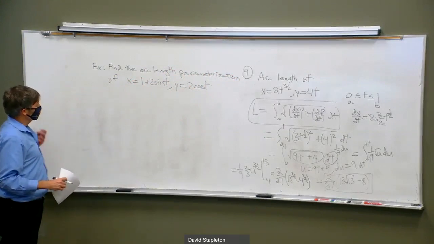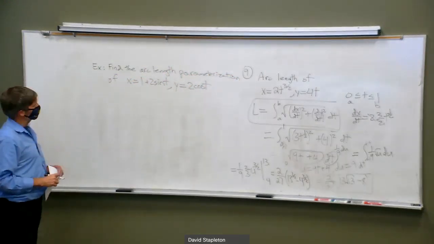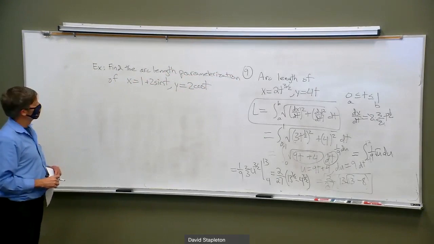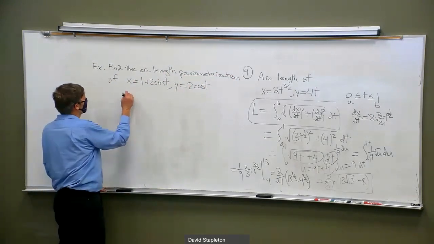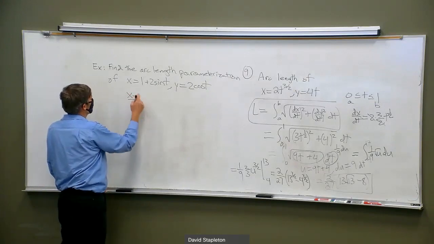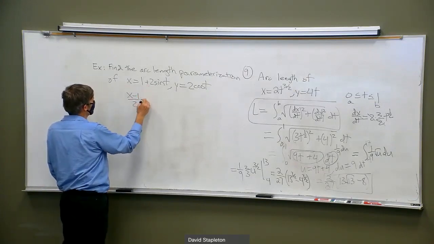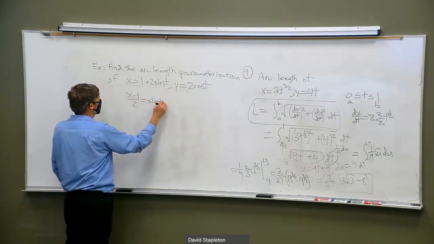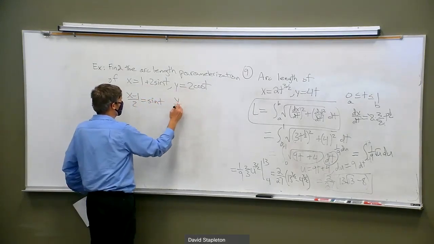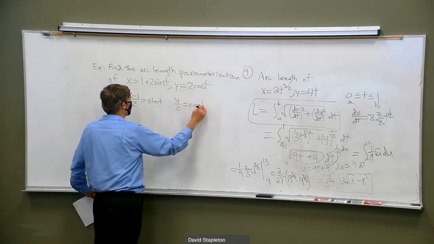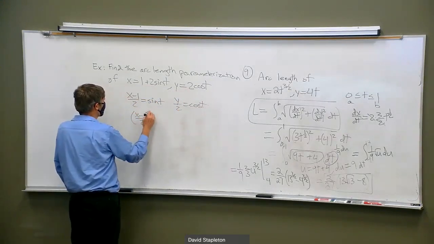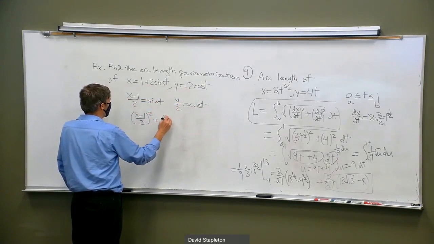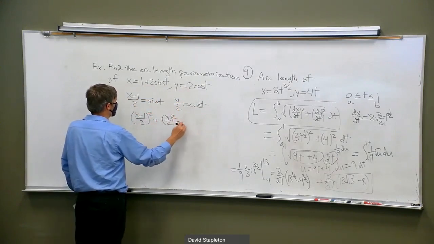I already know what this curve is, actually. See what it is? It's actually a circle. If you eliminate the parameter, if you subtract 1 from x and divide by 2, you get (x minus 1)/2 is sine t. This one, if you divide by 2, y/2 is cosine t. So you have that ((x minus 1)/2) squared plus (y/2) squared equals 1.